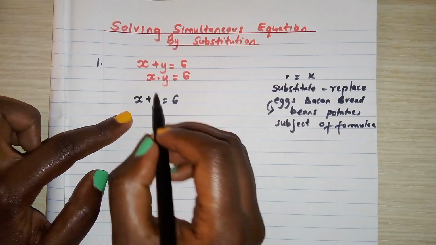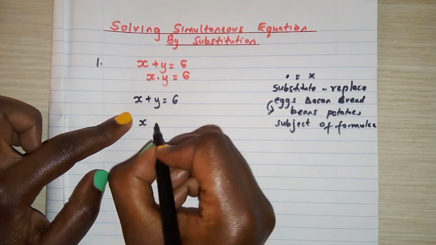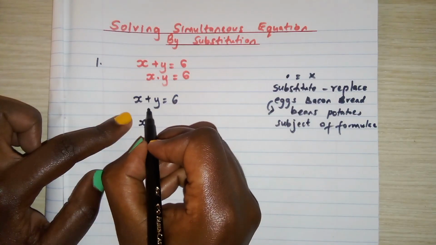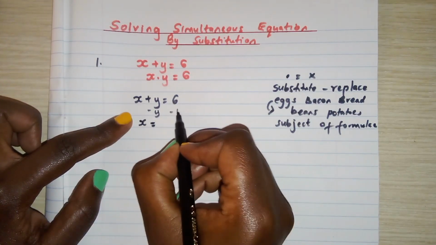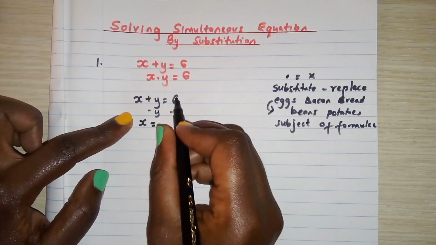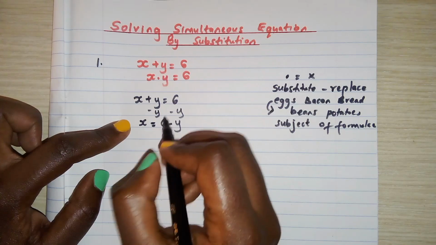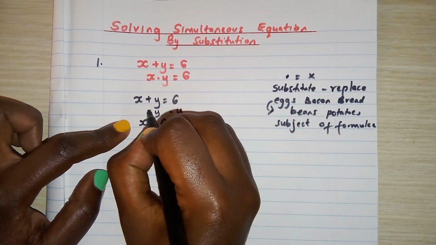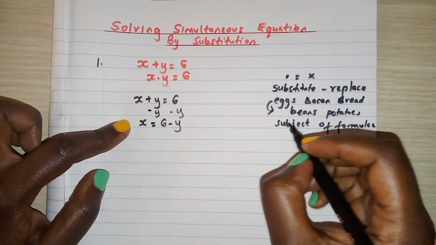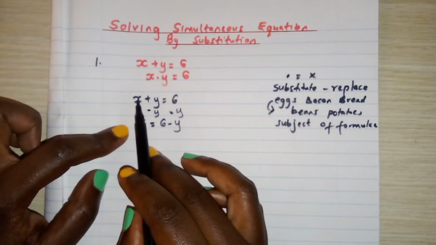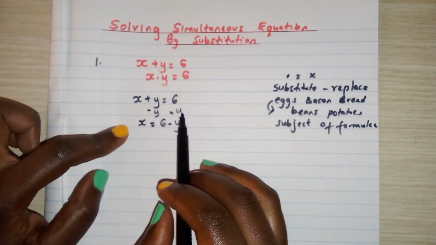Let's make x the subject. How do you make x the subject? We take minus y on both sides, so it's going to be 6 minus y. In the previous video, we looked at how to solve equations, so you can also check that video. So x equals 6 minus y.